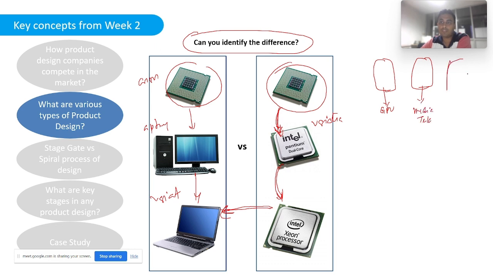Now they use NVIDIA chips. So this is the kind of design evolution that happens at a company level. For example, if it is a company producing only chips, this is the kind of development that happens. But usually, when you are a design house or a product design company, this is how product design happens.